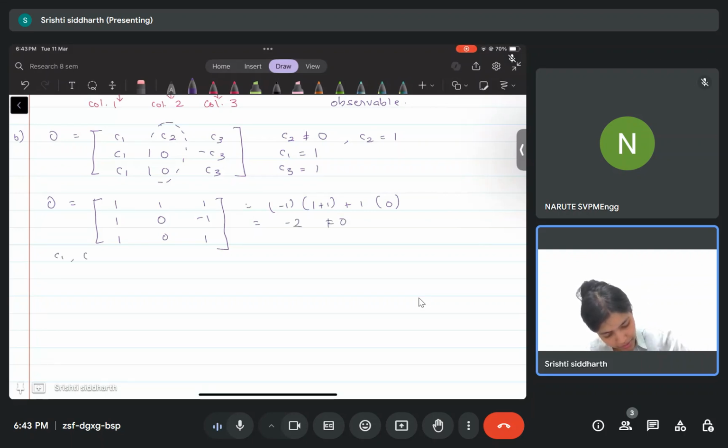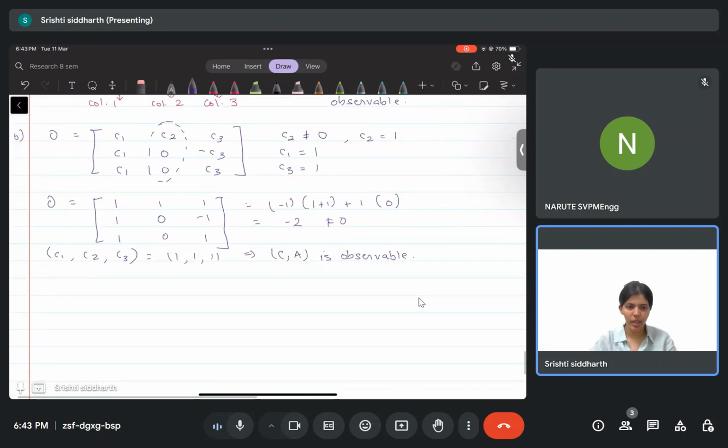So for this triplet 1, 1, 1, the pair CA is observable. There are infinitely many combinations of C1, C2, C3 which would give a non-zero determinant, so you can try others out as well. But we just have to provide one example under which the pair CA is observable.